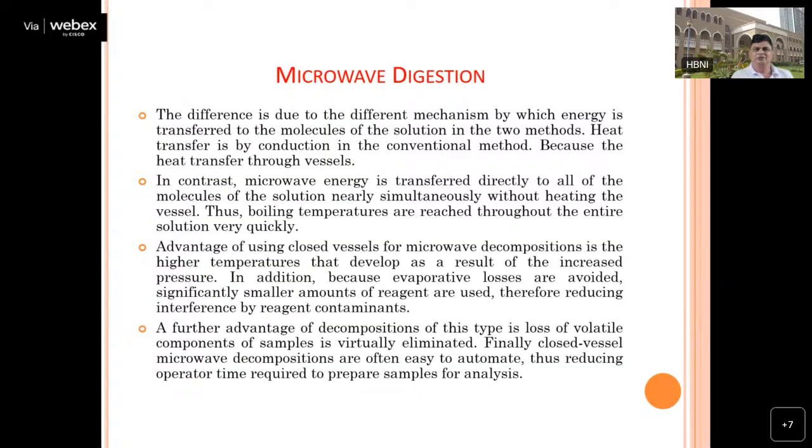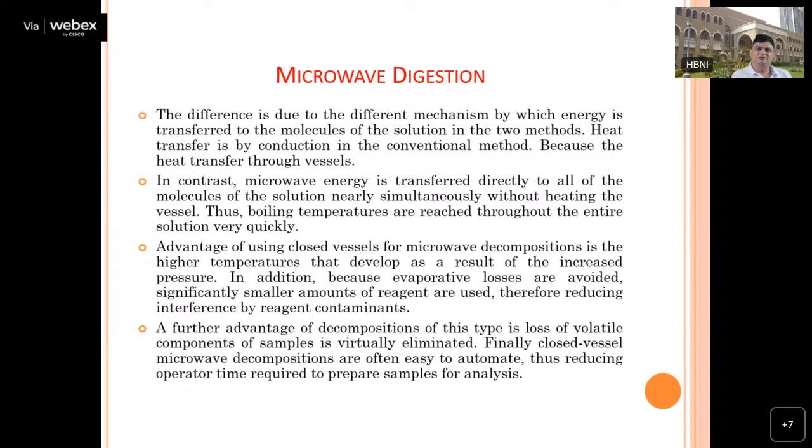So your whole process will be very rapid, and the boiling temperature that you would achieve in a conventional way in about 20 or 25 minutes can be achieved within 1 or 2 minutes. That is the main advantage.